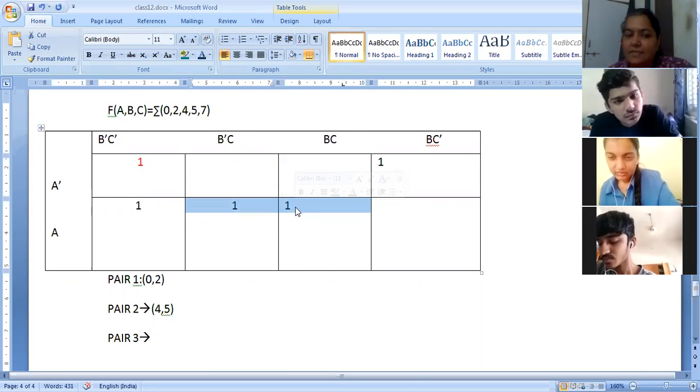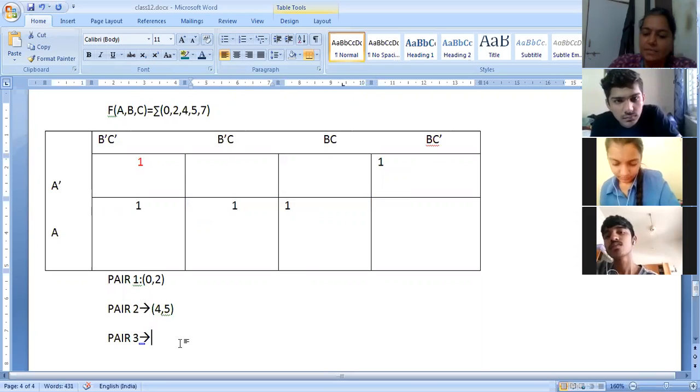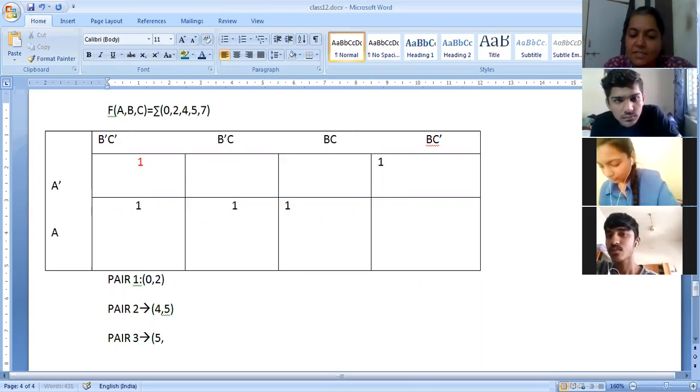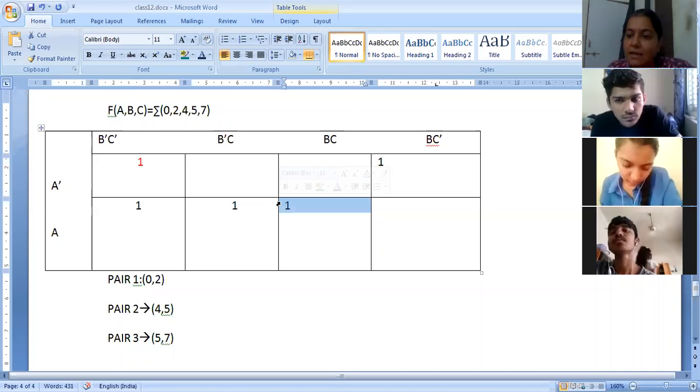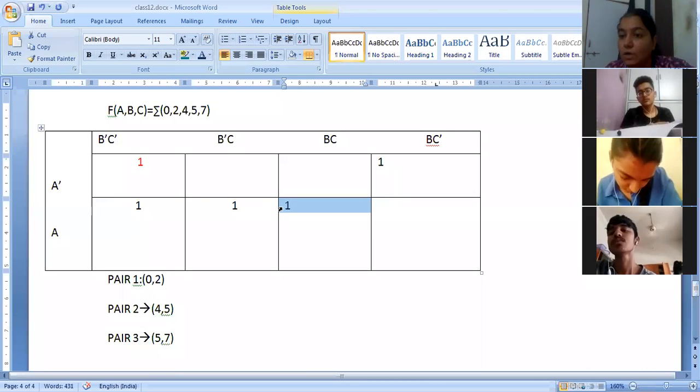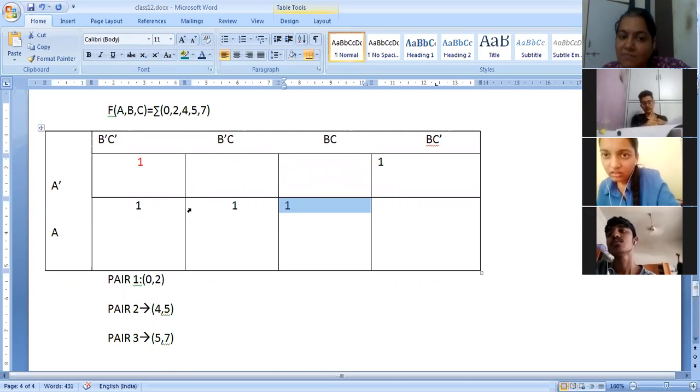So the third pair is 5, 7. Now this is not redundancy, because we have done it for a purpose. We cannot leave this one alone, so we have grouped it with this one which was already taken.